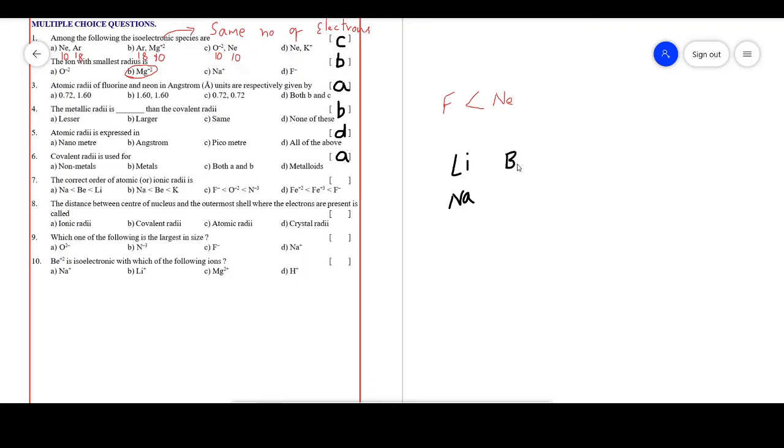In the periodic table, this is a group 1A element, and this is a group 2A element. Among these three, sodium has the larger size. So the first option is wrong. Sodium will have the larger size, but here it is given that sodium has a smaller size. So this is wrong.